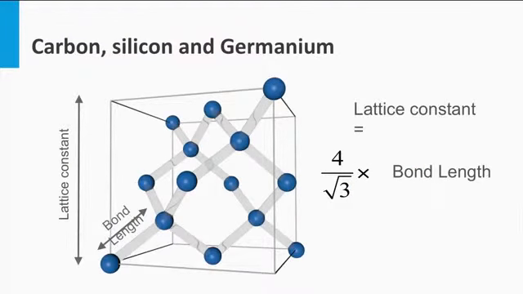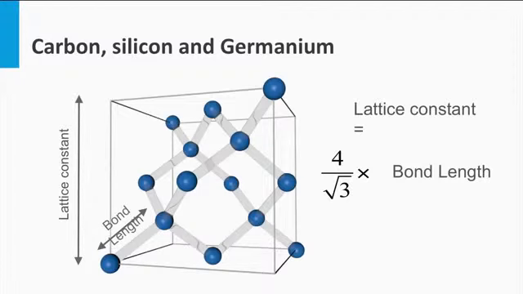The bond length is in general expressed in terms of lattice constant. What is the relation of the lattice constant and the bond length for a diamond cubic crystalline lattice?